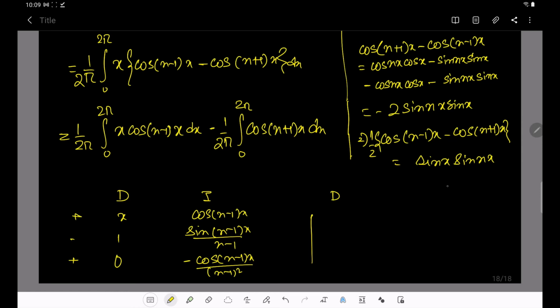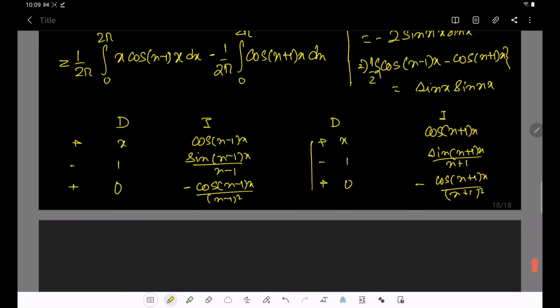And here we are getting plus, minus, plus, x, 1, 0, and here it is cos of n plus 1 x, that is, integration will produce this one, and cos of n plus 1 x by n plus 1 square.